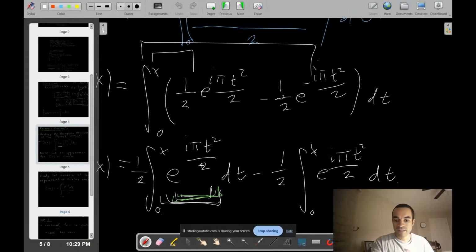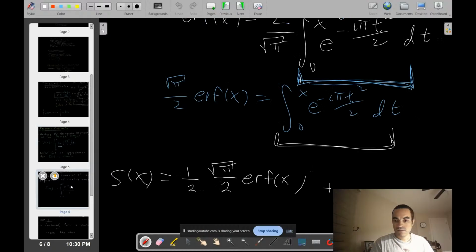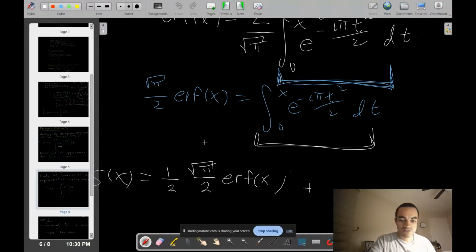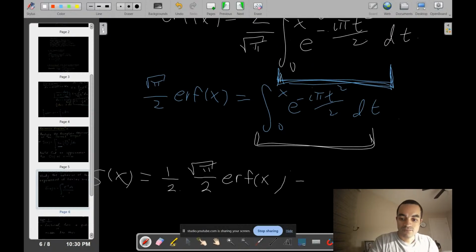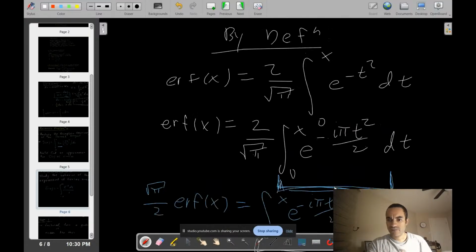Take care of that. Minus 1/2, same process. So it's going to be minus 1/2, where's minus 1/2? That was e to the negative i pi t squared, right?